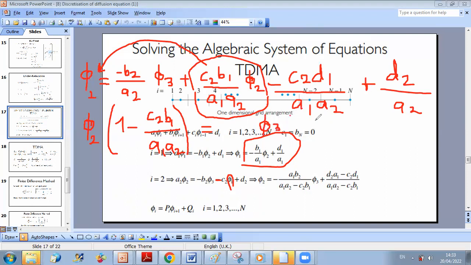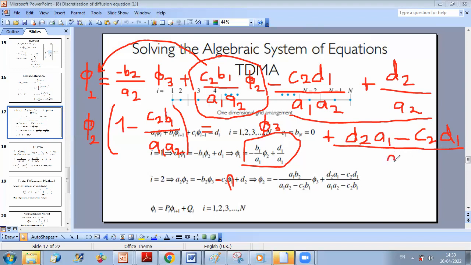If you do here common denominator, okay, you get D2A1 minus C2D1 over A1 A2. Now you still have one step to find phi 2 function of the other terms.